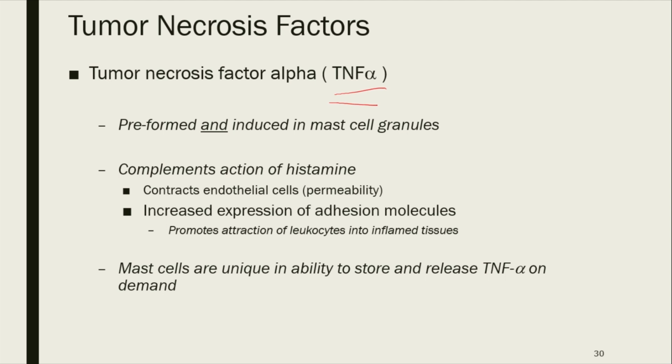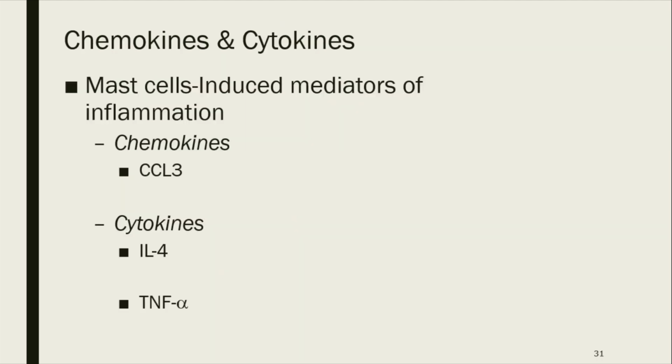These also promote attraction of leukocytes to the inflamed tissues. The ability to store and release TNF alpha on demand is quite unique to mast cells. So these all lead to basically inflammation down the road.